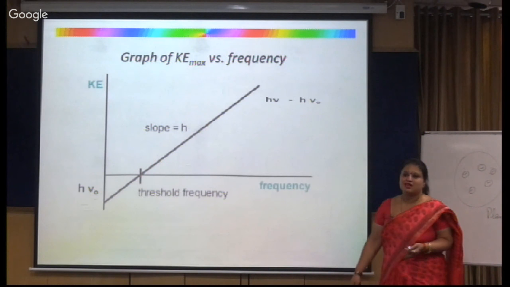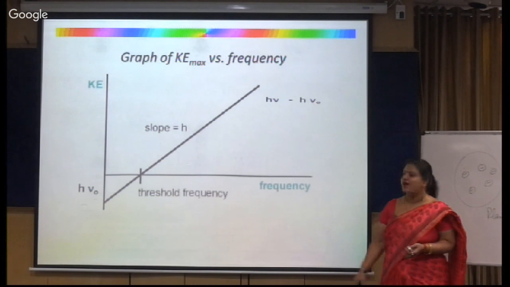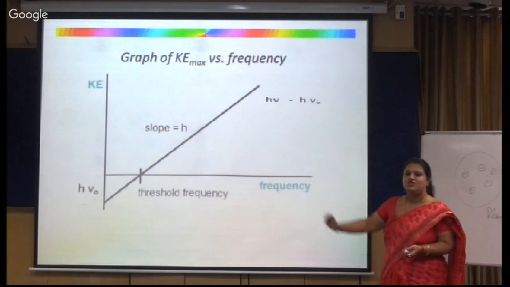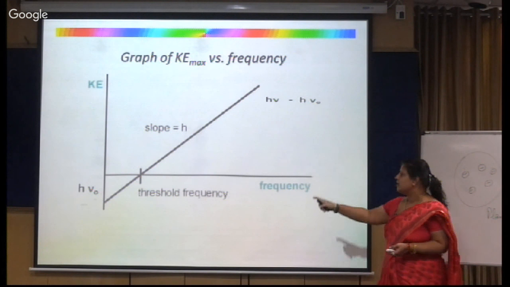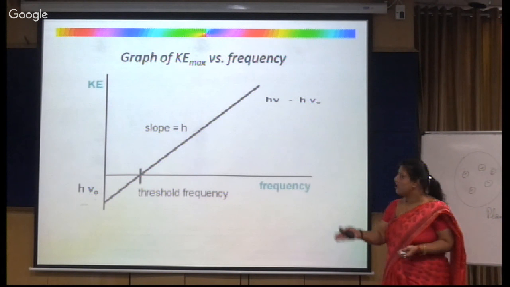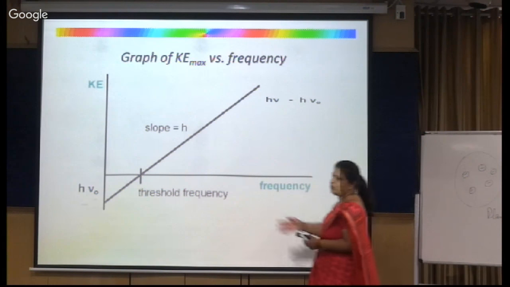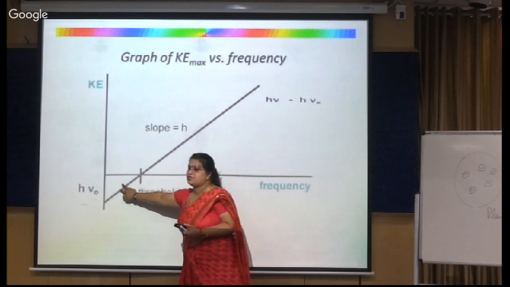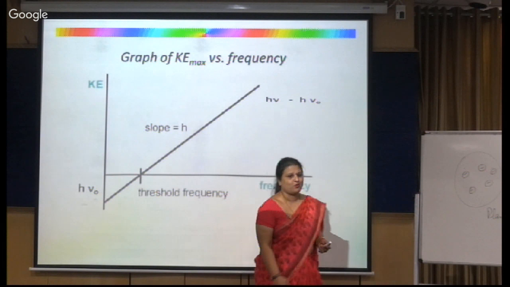This is the graph of the photoelectric effect: if you have kinetic energy on the y-axis and frequency on the x-axis, you get a straight line with the slope equal to h and the intercept equal to h nu naught.